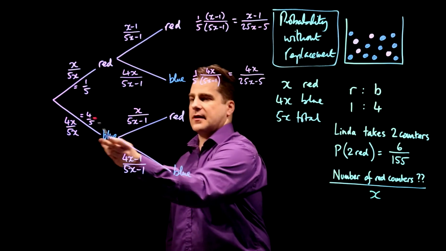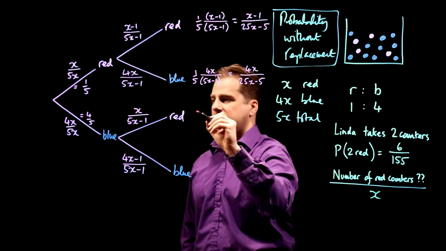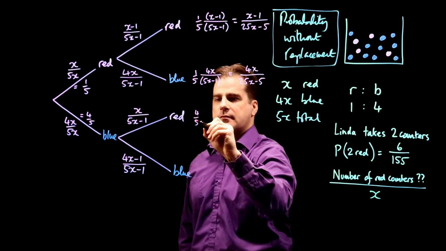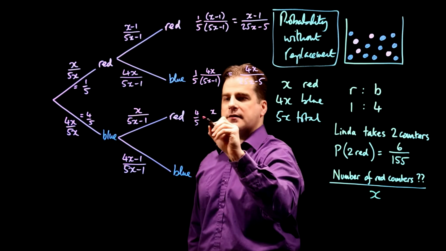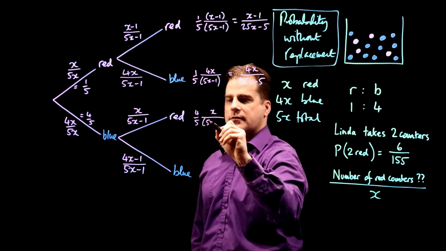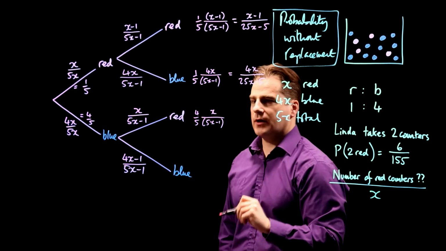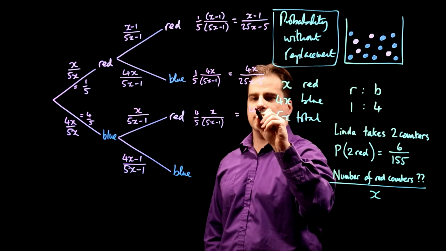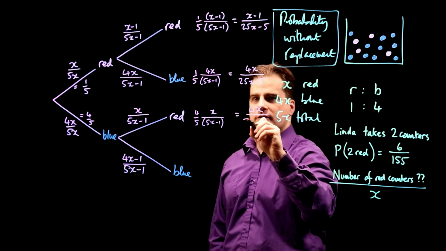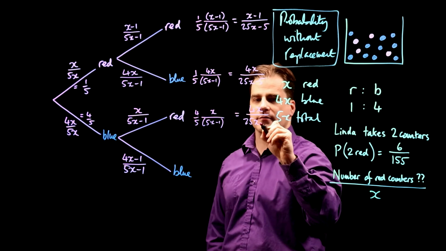That times that, a blue then a red, is 4/5 times X over 5X minus 1, which is 4X over 25X minus 5.